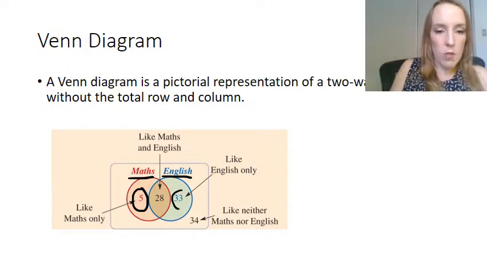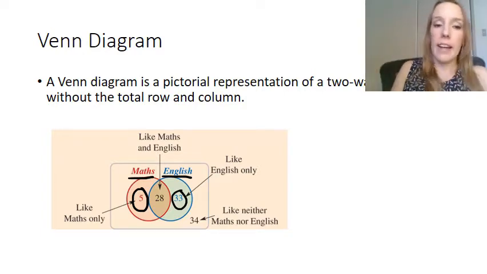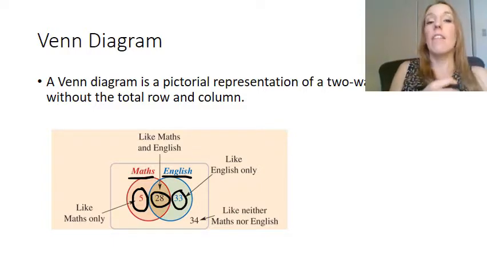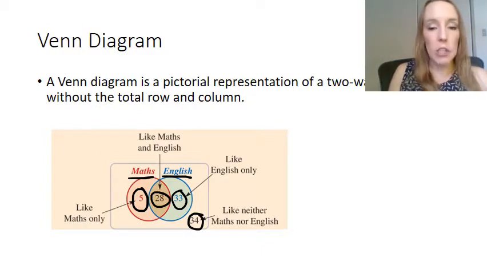We've got 33 here which is just in the English circle, so those are the students that just like English. We've got 28 that are overlapping, so that 28 is in both the maths and the English circle, and they're the students that like both maths and English. And then we've got these 34 sad ones over here in the corner, and they're not in either circle, and that's because they don't like either maths or English.